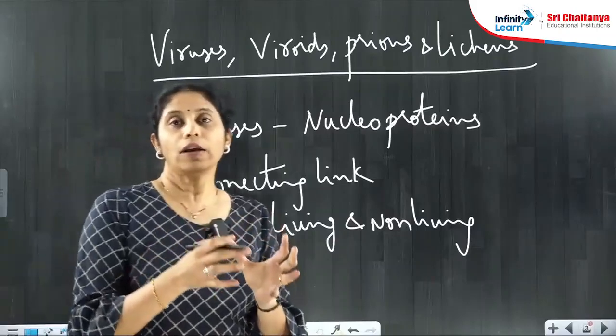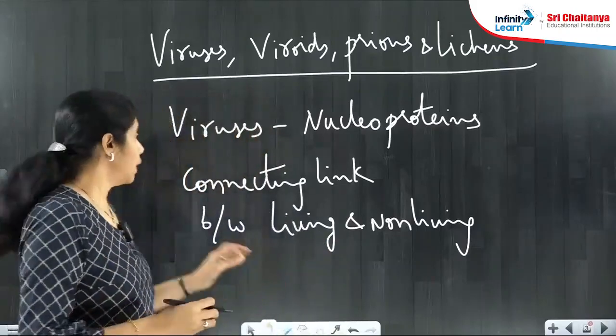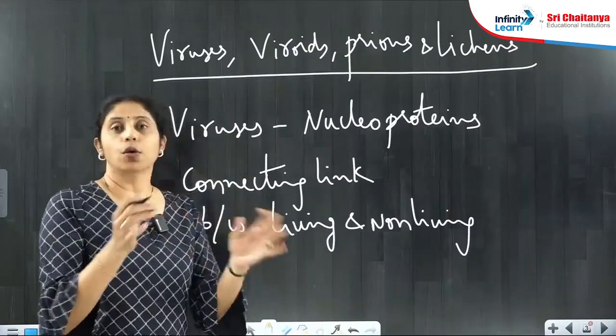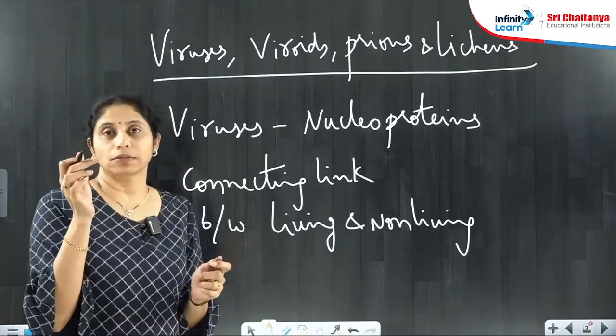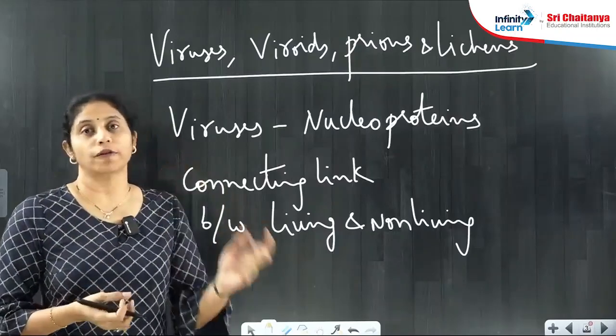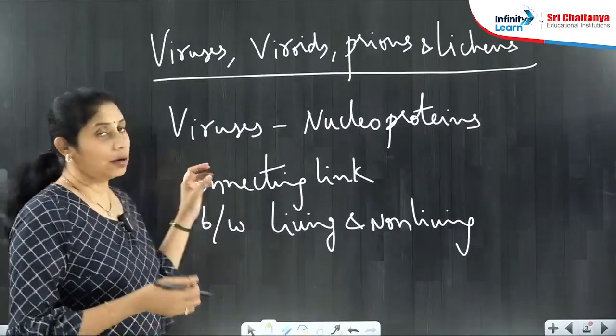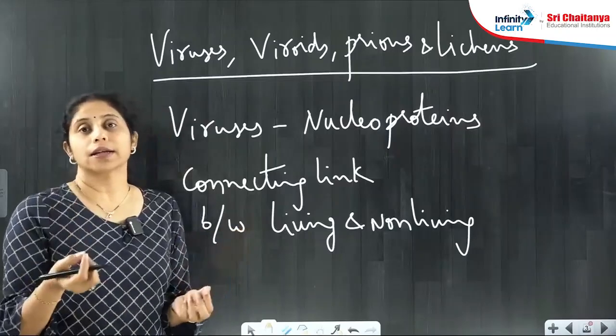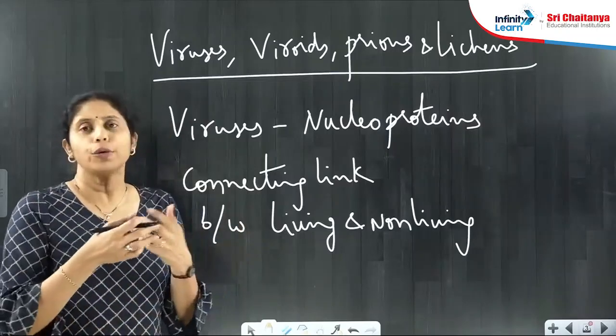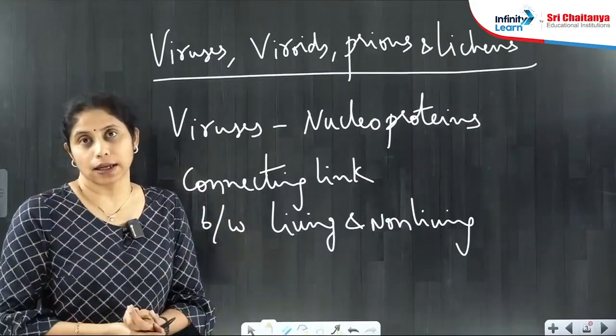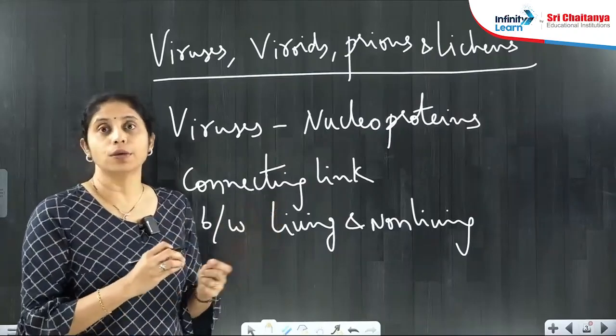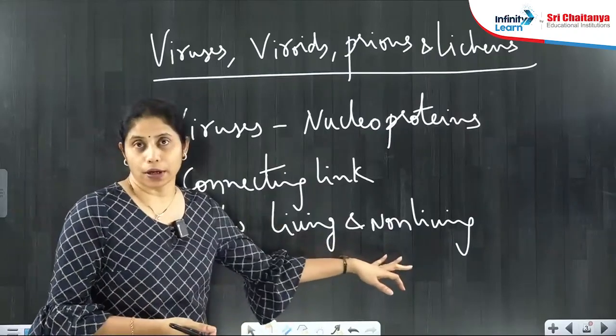Like non-living things, they will be staying outside the host, like crystal. You can see the crystal form of the virus. So, they will be non-living, in crystallized forms, and they won't do anything. They are inert outside the cell. That is a non-living property.